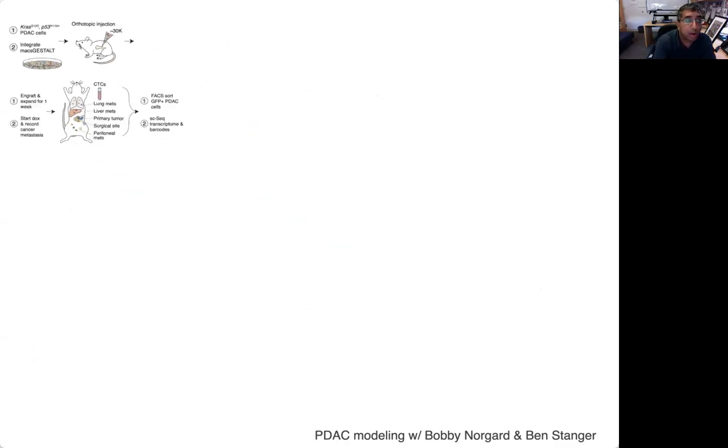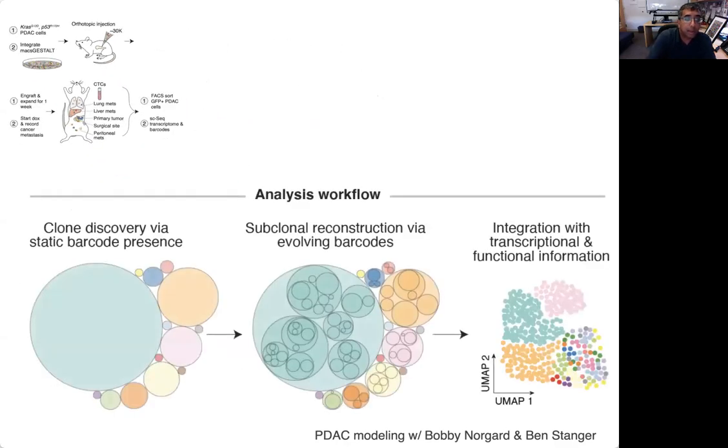Okay, so on the analytical side, when these orthotopic injections occur, we're throwing in about 30,000 cells into the mouse. And so one question is, to what extent are the metastases that result deriving from, how big of a subset of those 30,000 are actually contributing?